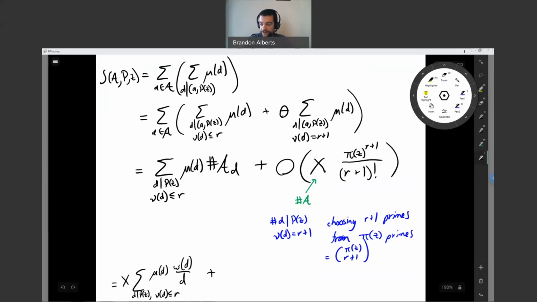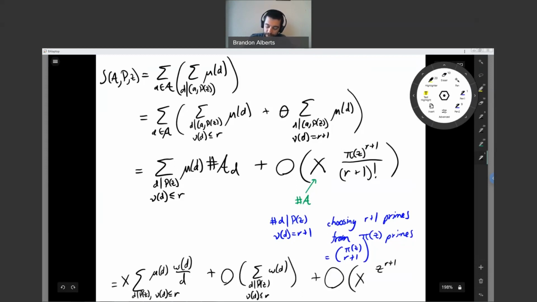We have the error term, big O, of a sum of omega D's over this truncated sum. And then we have this other term where I'm even going to be a little bit cavalier and bound the number of primes below Z by Z.